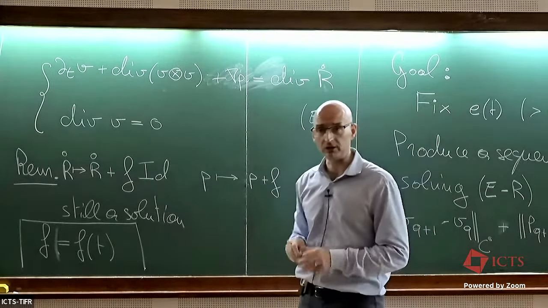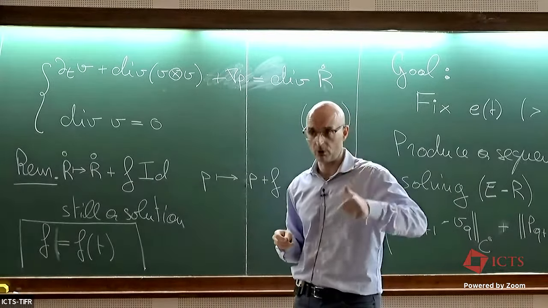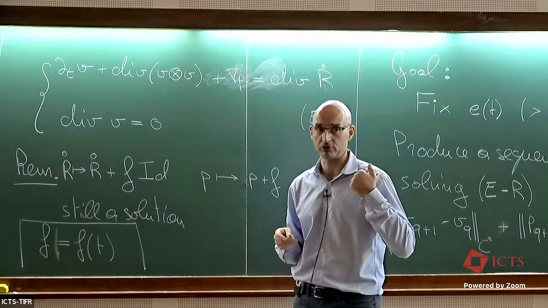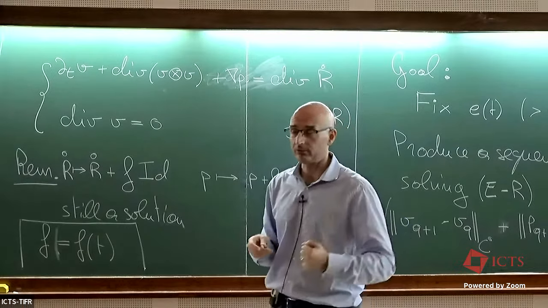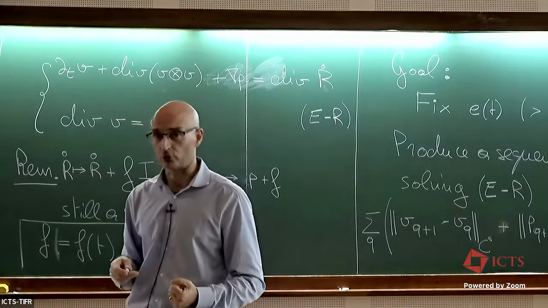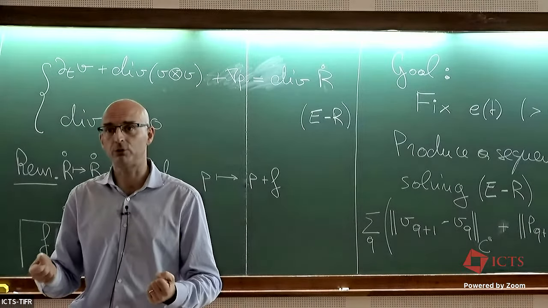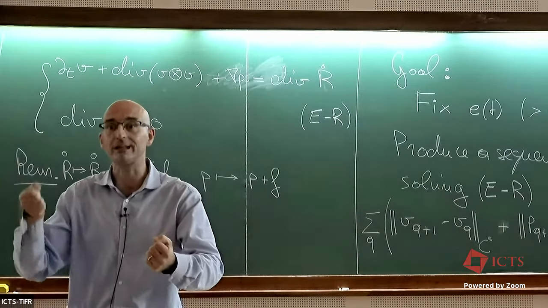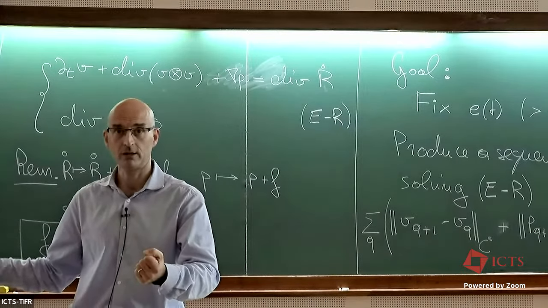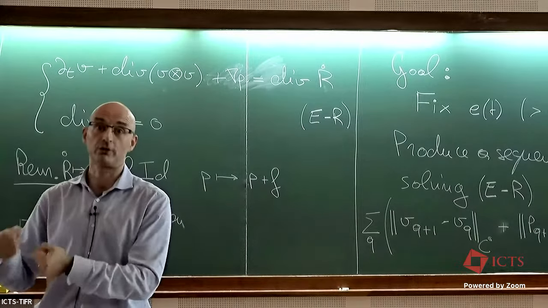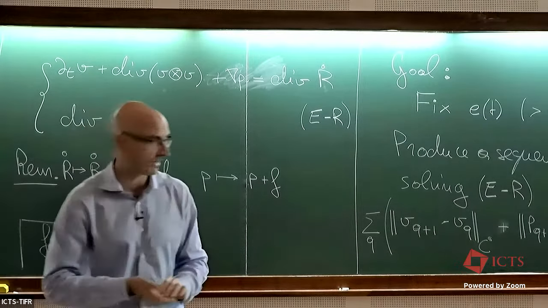A little bit like we did in the construction for the C1 isometric embedding. So I'm iteratively trying to cancel the previous error. And then I will not be able to exactly get a solution. So I get my candidate VQ plus 1 and PQ plus 1, I plug it into the equation, and I solve for RQ plus 1, and then I try to get estimates on this RQ plus 1 and to show that it's much smaller than RQ was, okay?